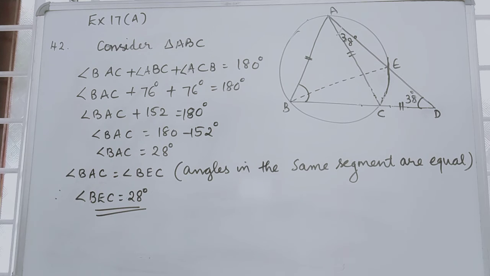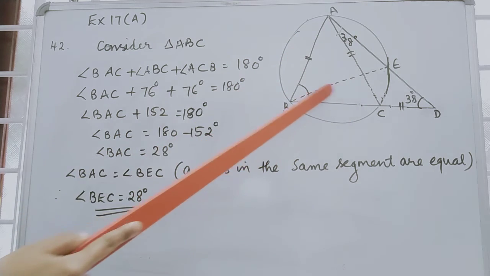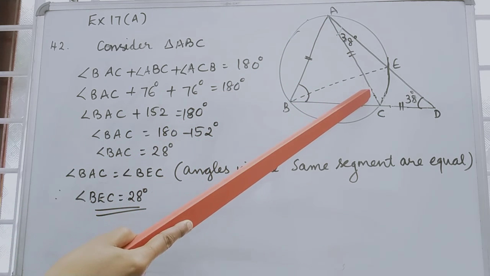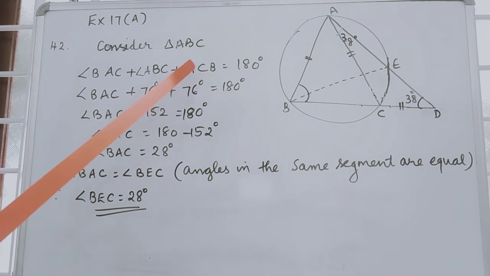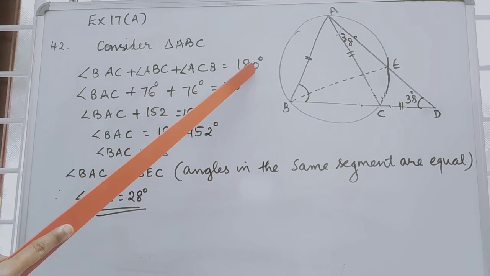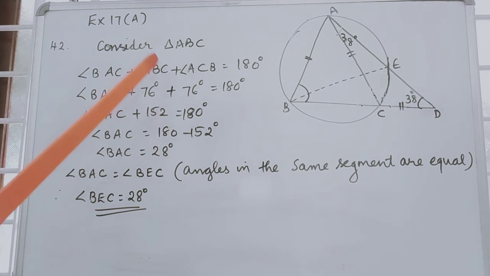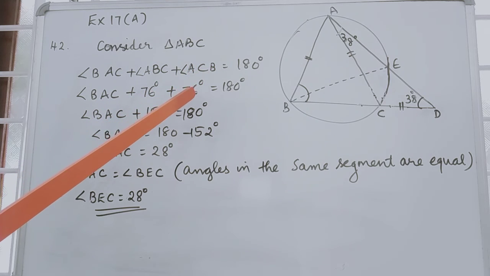For proving the second part, consider triangle ABC. We know the sum of angles of a triangle is equal to 180 degree. That is, angle BAC plus angle ABC plus angle ACB is equal to 180 degree. Reason, sum of angles of a triangle is 180 degree. We have already proved ABC is 76 degree and ACB also 76 degree.